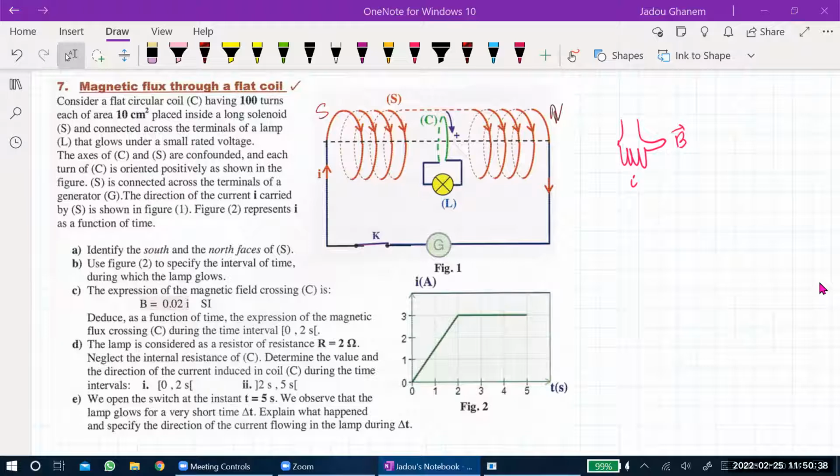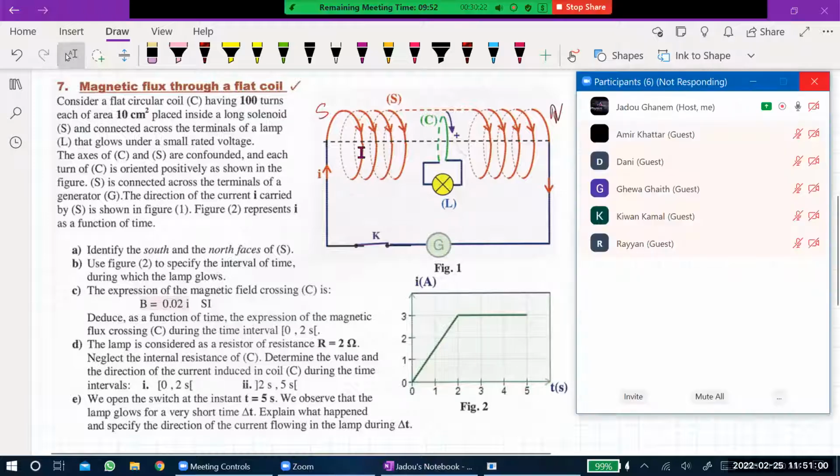Okay. Let me just ask one more question in general for all of you. As you can see here in figure 1, the generator is connected to the solenoid S, the red solenoid, and not to the green solenoid. How can we explain that the current is flowing inside the lamp? If you know the answer, just raise your hands.